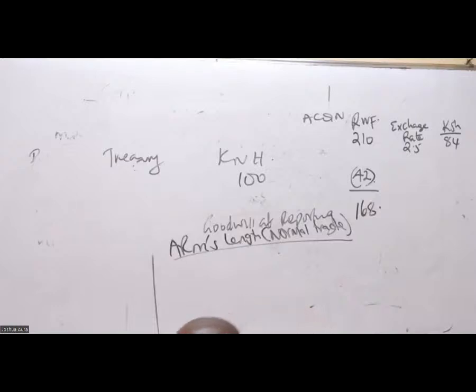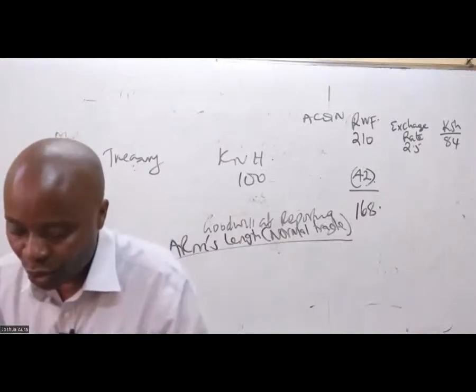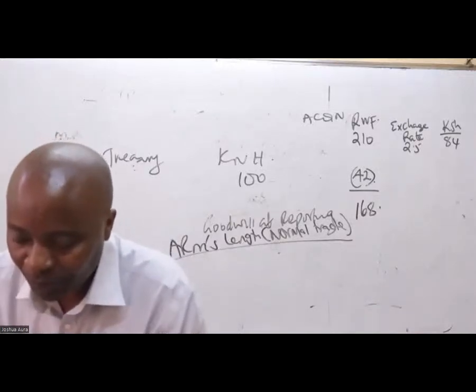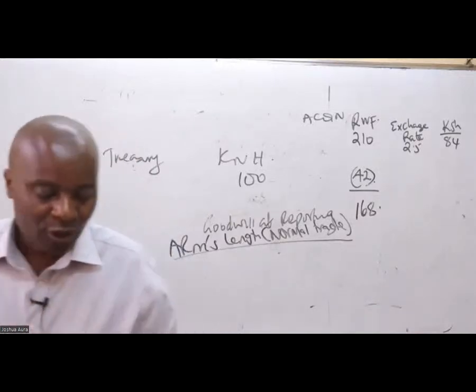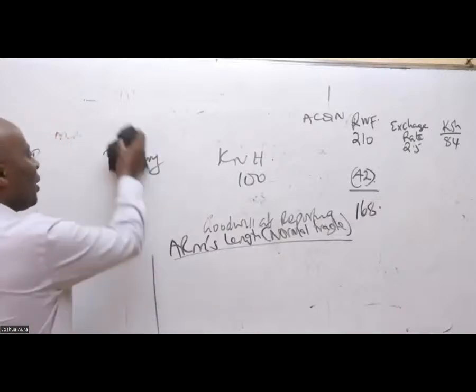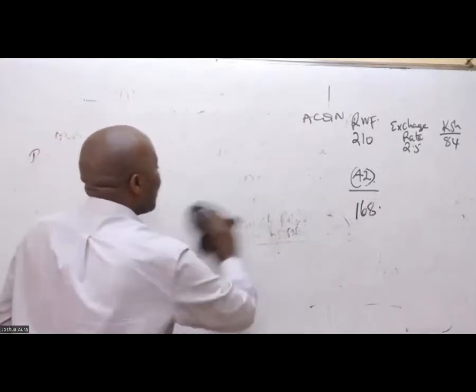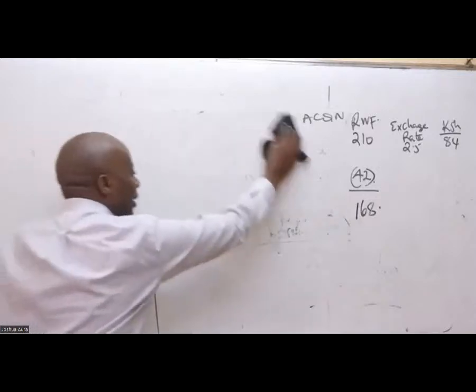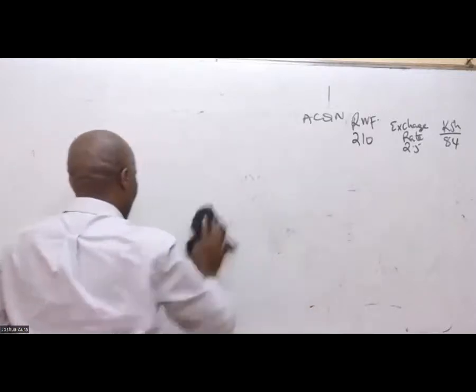We normally do two types of measurements. We have two types of measurements when it comes to IFRS 3, measuring NCI.